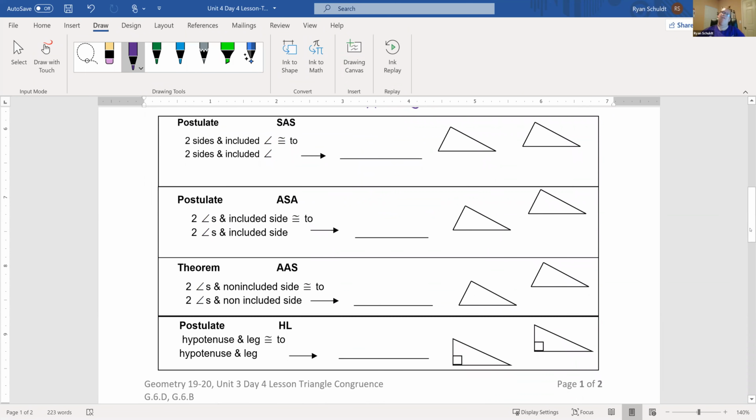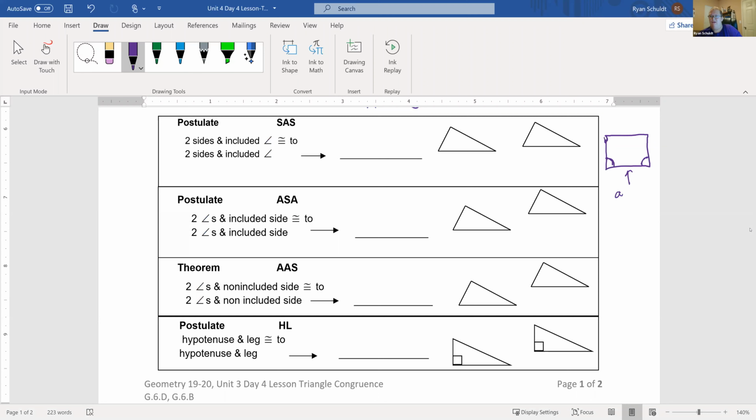So now let's move on to our additional postulates that we haven't talked about yet. We have 4 more, but one thing to keep in mind here is that we talked about the marks when you say sides are congruent. If you say angles are congruent, that's what these little curved lines in the corner mean.